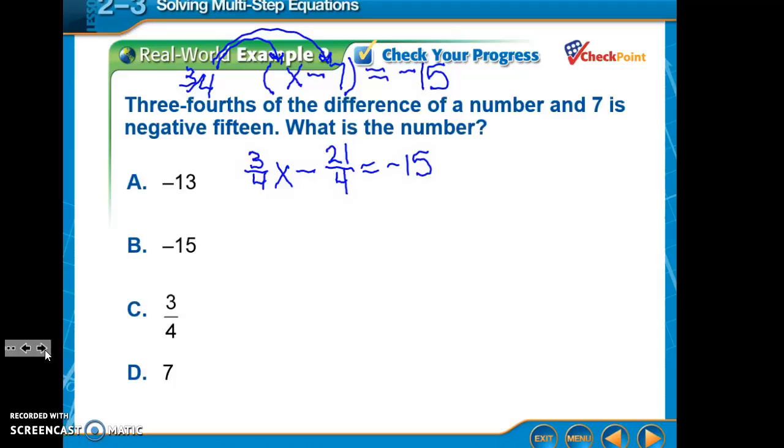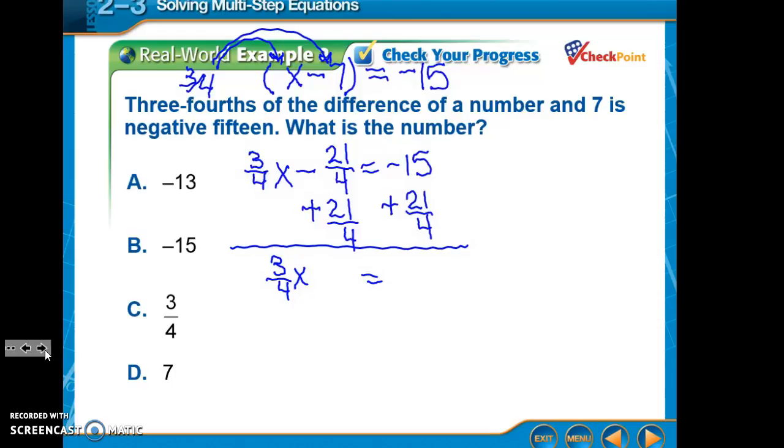All right, so now what do we need to do? To cover up the x, what has to move? Add 21/4, of course, to this side. All right, what's negative 15 plus 21 over 4? And I want the answer as a fraction.